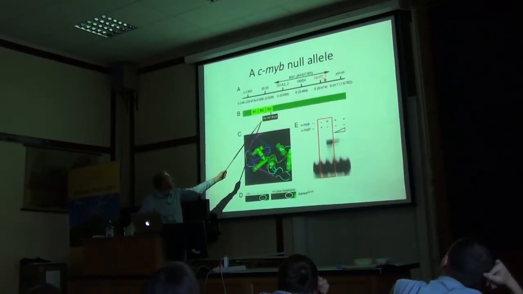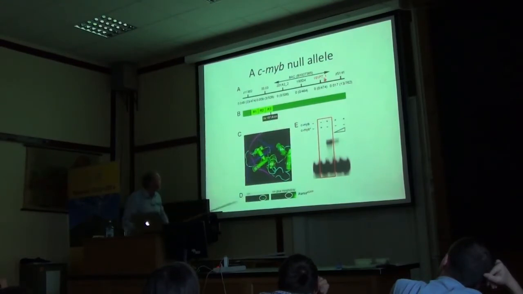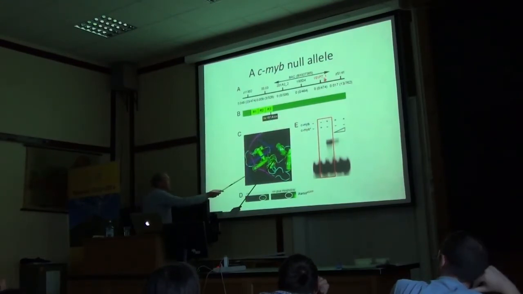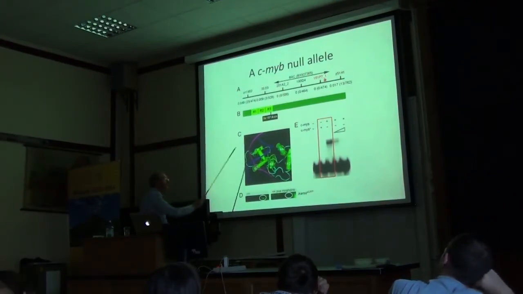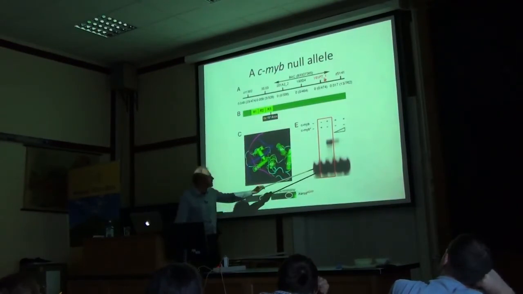This is a seemingly innocuous change from isoleucine to asparagine. And he looked at this in the structure and found that the structure was distorted and incapable now of recognizing and binding to DNA.